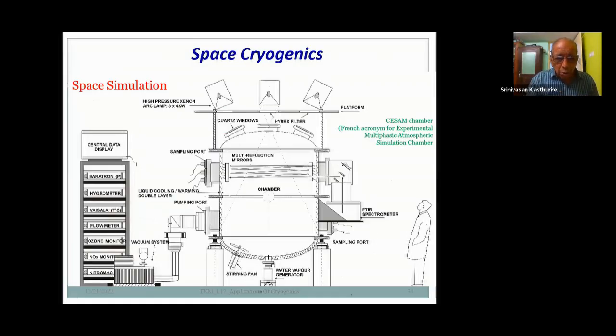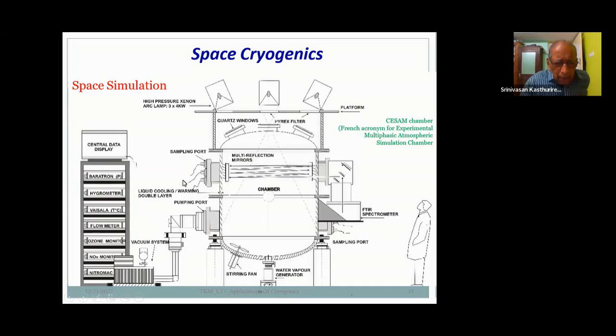I am just showing you a space simulation chamber. Say, for example, the space simulation chamber can be fairly big in size, number one. And you can make a lot of visual observations using quartz windows and Pyrex windows and so on. And you can have optical, liquid cooling and warming arrangements.